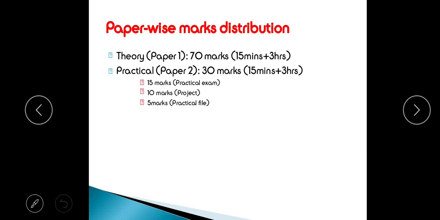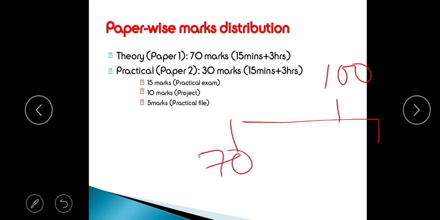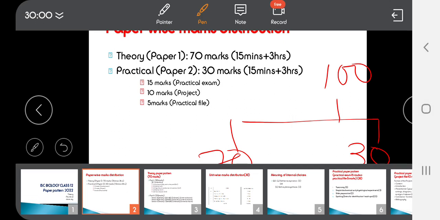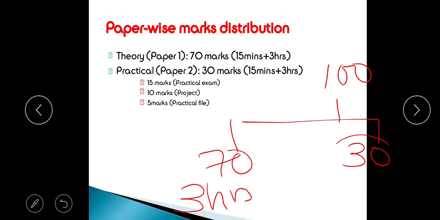Now the paper of Class 12 consists of a 100 marks paper, which is of two parts, that is paper 1 and paper 2. Paper 1 is the theory paper of 70 marks and paper 2 is of 30 marks. The 70 marks written paper will be a 3 hour paper with 15 minutes reading time, whereas the 30 marks practical paper will have a 15 marks practical examination.